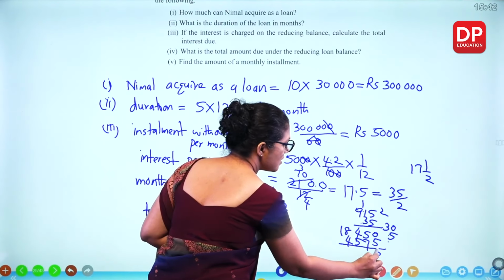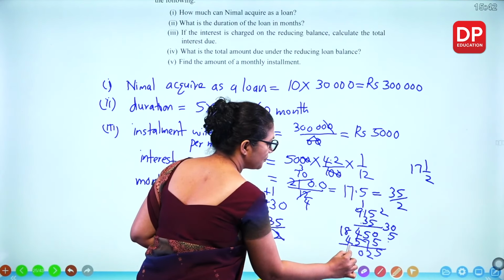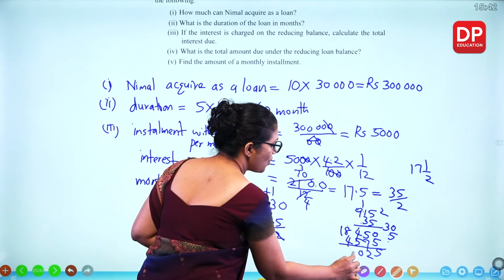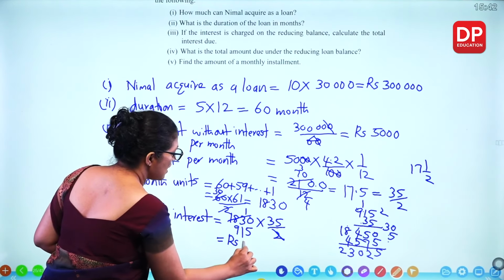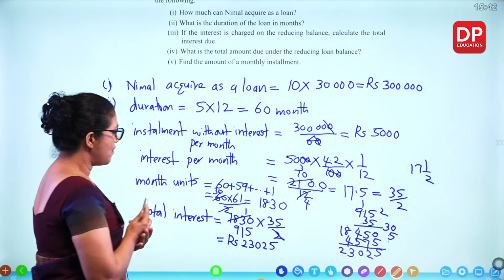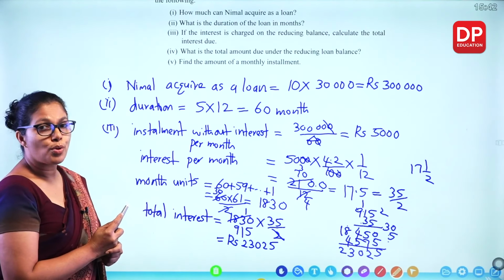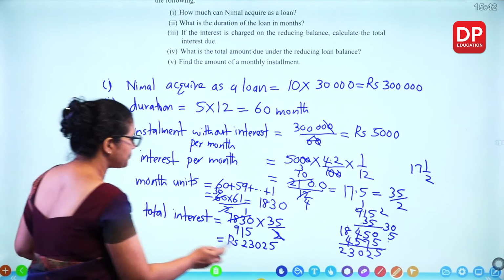When you add together, you get 9 plus 4, 13. So 23,025 rupees is the total interest.